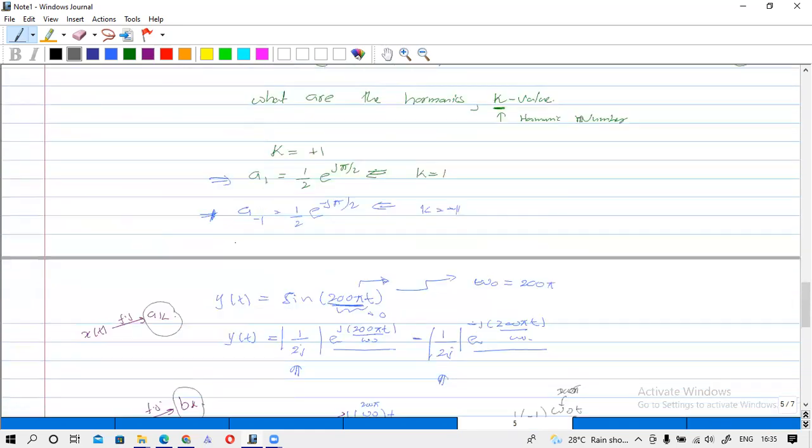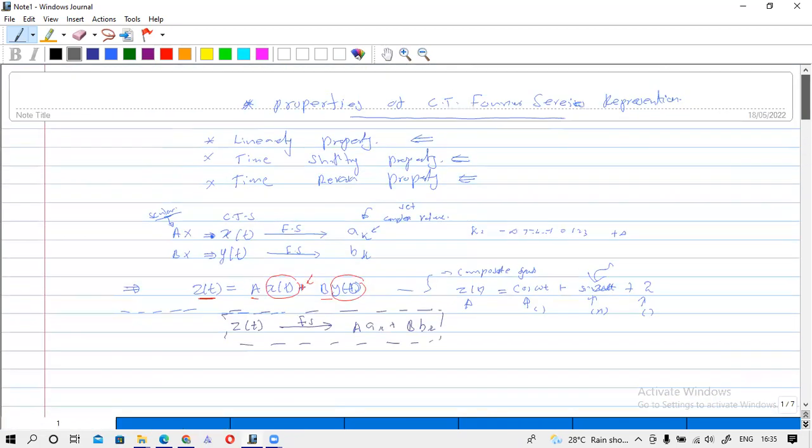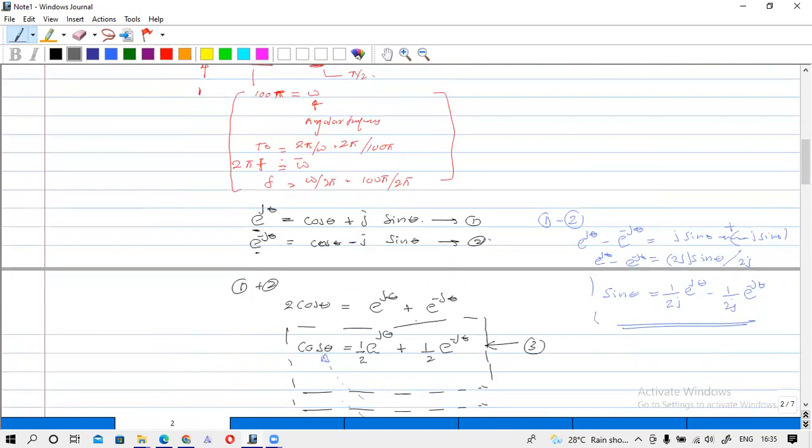This is the linearity property, which we already saw. If x(t) has Fourier series coefficients ak, and y(t) has Fourier coefficients bk, then for a·x(t) plus b·y(t), the Fourier coefficients are multiplied by the same weights and added. So this is the linearity property, and you can apply it here.